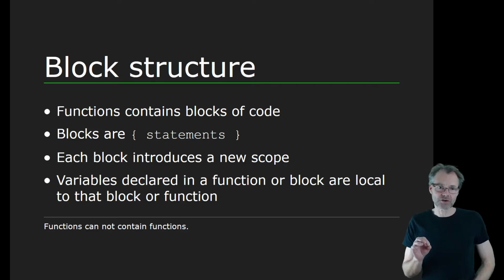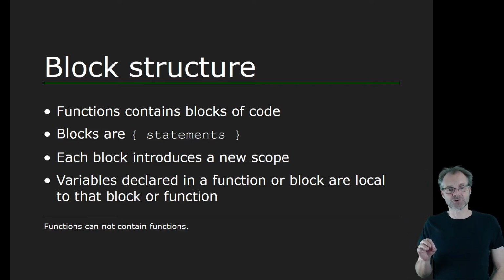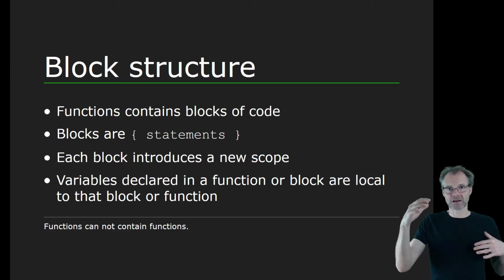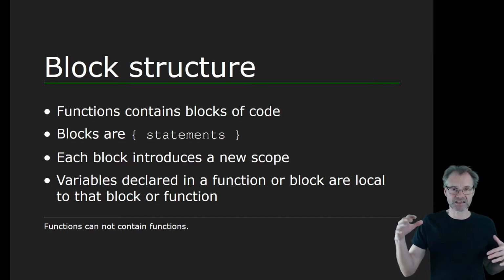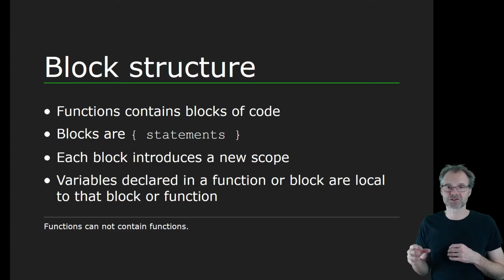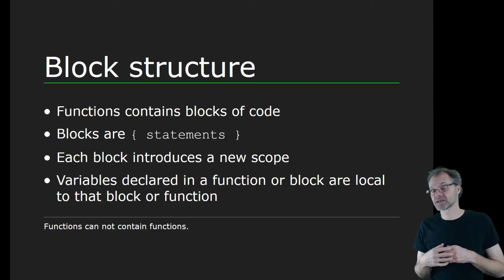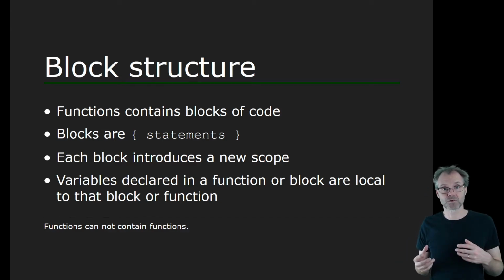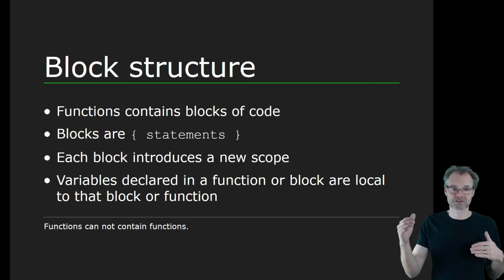A note on block structures and scope. So functions contain blocks of code. We usually have one large block of code that is the function and the function's whole scope. But the function can also introduce new blocks of statements. For example, if statements, switch statements, while and for loops will introduce these blocks of statements.